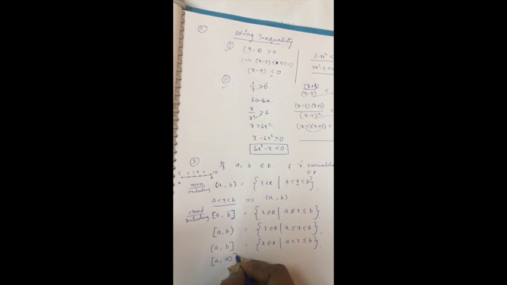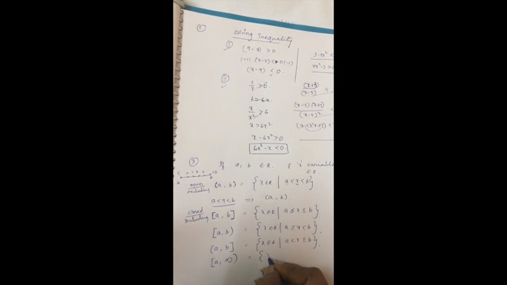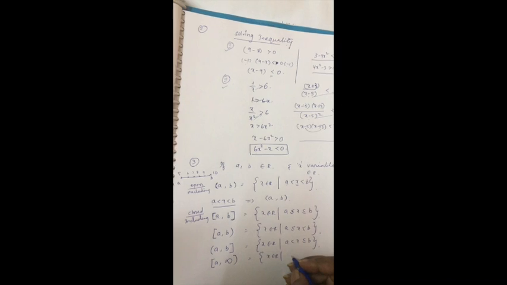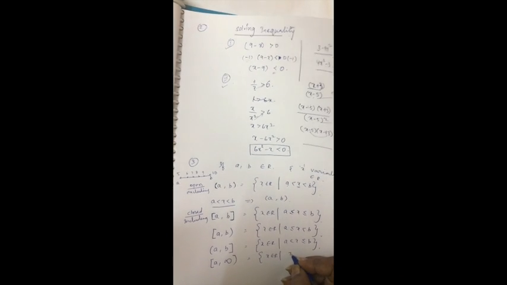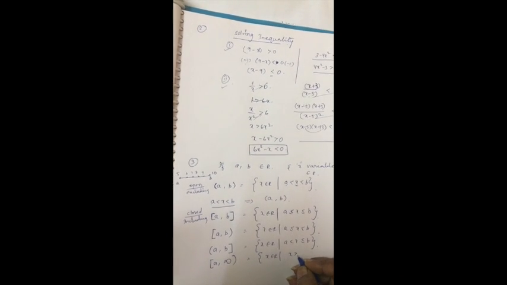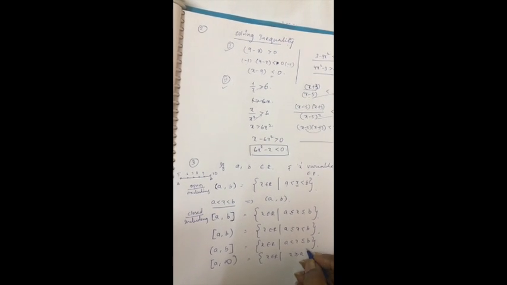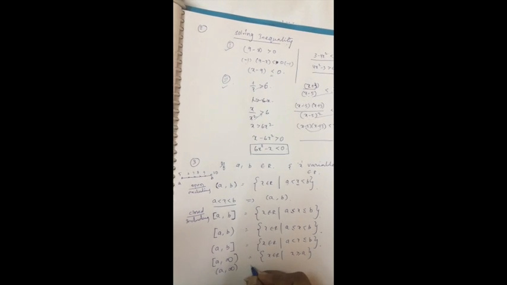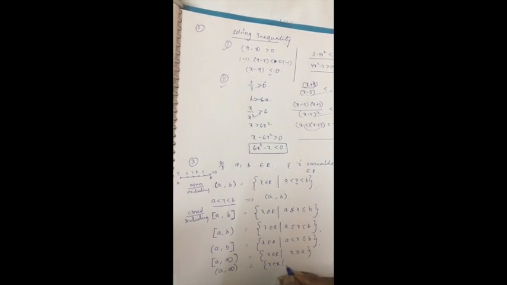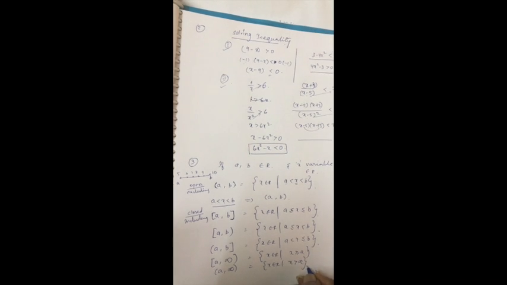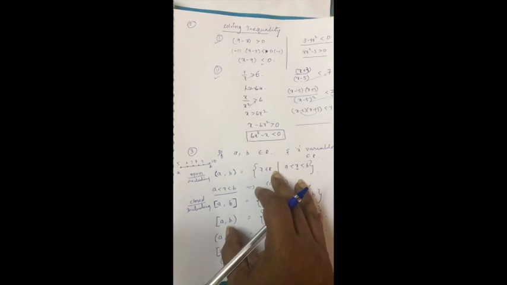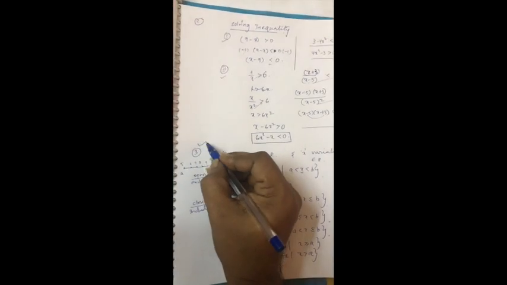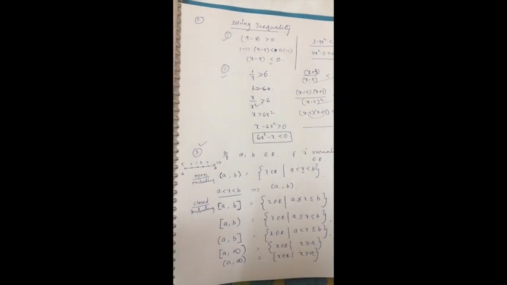Now, similarly, what does this mean? This means x is greater than or equal to a. If this is something like this, x belongs to R, x is greater than a. Alright. So this is the general notation that you need to learn. This is the third important concept or rule that you need to learn here.